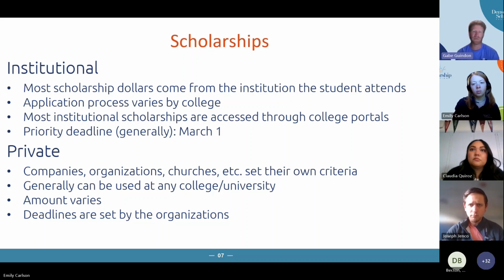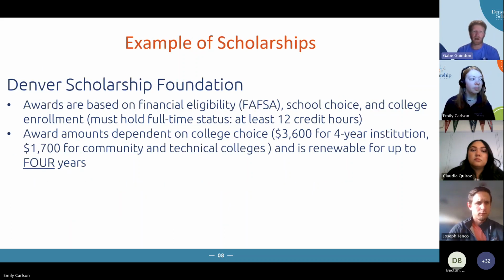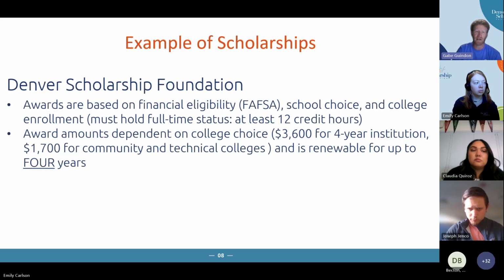So some examples would be the DSF scholarship application. Other scholarship applications that many team members and volunteers may have heard of would include the Boettcher Scholarship and the Daniels Fund Scholarship, which are two private scholarships that are very commonly applied to by Denver Public School students.